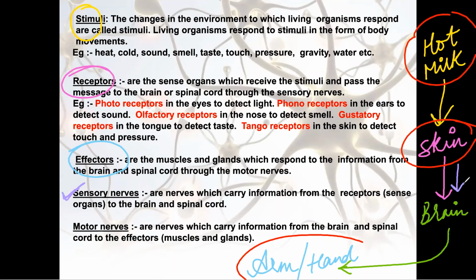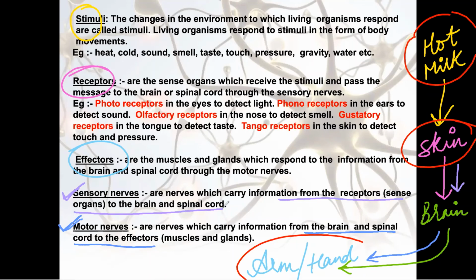Then come the motor nerves. These are motor nerves that carry messages from the brain to the body. Here it is written from brain to the spinal cord and to the effector. And sensory nerves are from the receptor, that is the sense organ, to the brain, and finally to the spinal cord. Hope it's clear.